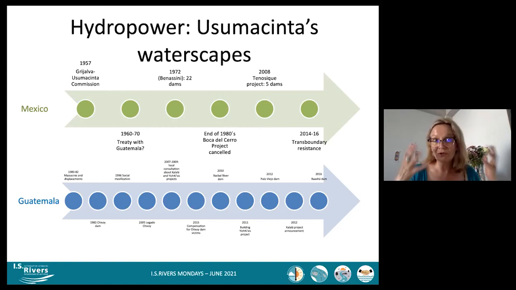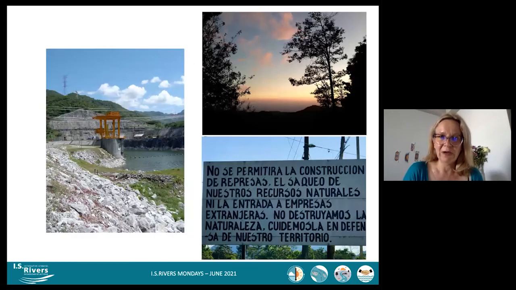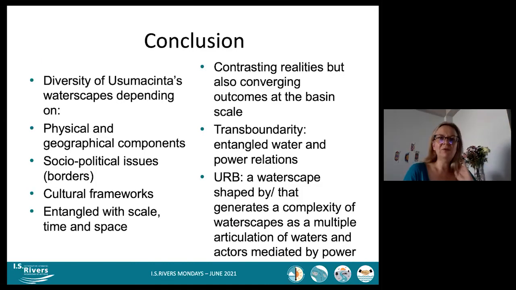And there are lots of other projects planned or underway. Some have been stopped, but now there's huge social mobilization linked to the protection of the waterscape. So here are some images of the dams and the social movement to prevent the building of the dam.